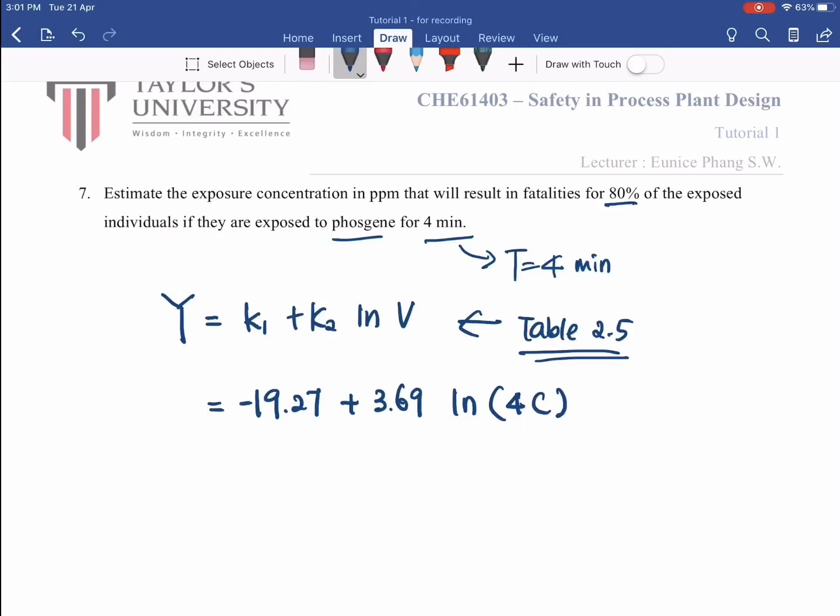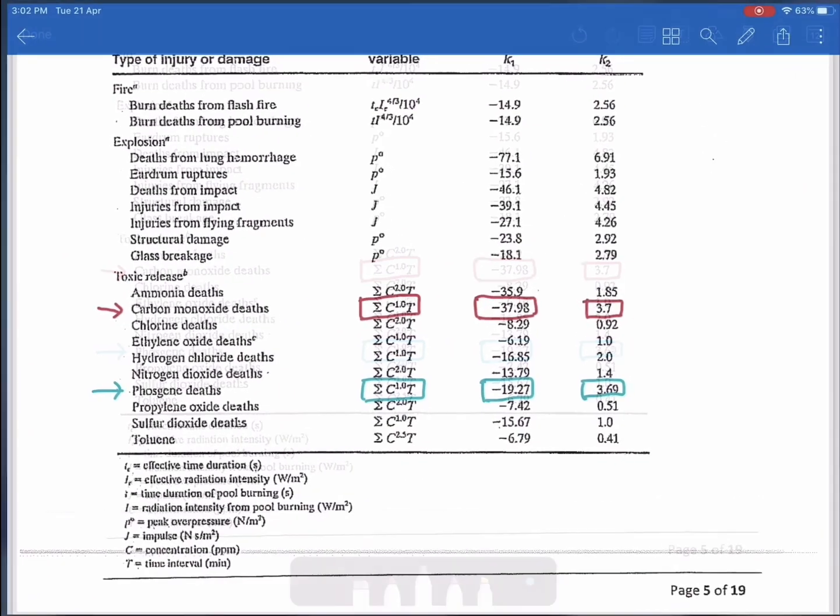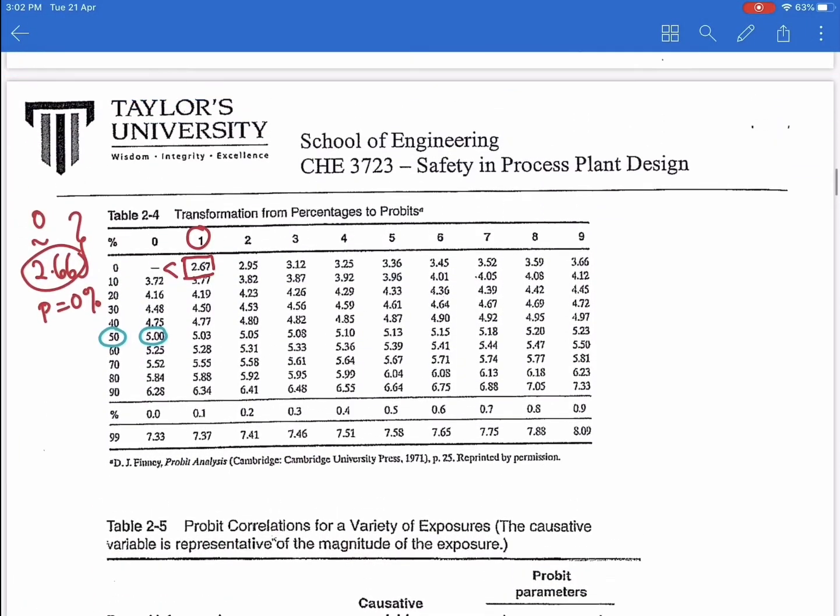We also want to find out our Y value. The Y value can be obtained at P of 80%. So back to table 2.4.